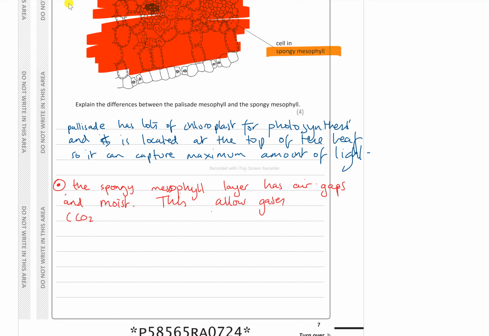Let's try to make it more efficient. It allows gases, CO2, to dissolve and diffuse in. It also allows O2 and water to diffuse out. There you go.